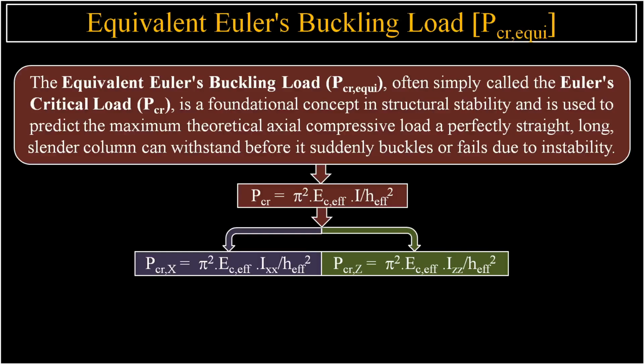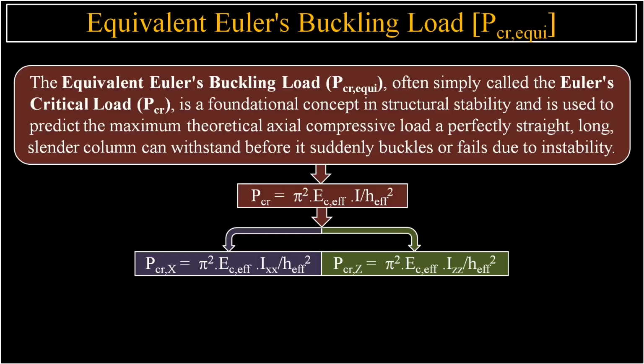For buckling about the XX axis, PCRX equals pi squared times E times IX, all divided by the square of HEFF. For buckling about the ZZ axis, PCRZ equals pi squared times E times IZ, all divided by the square of HEFF.